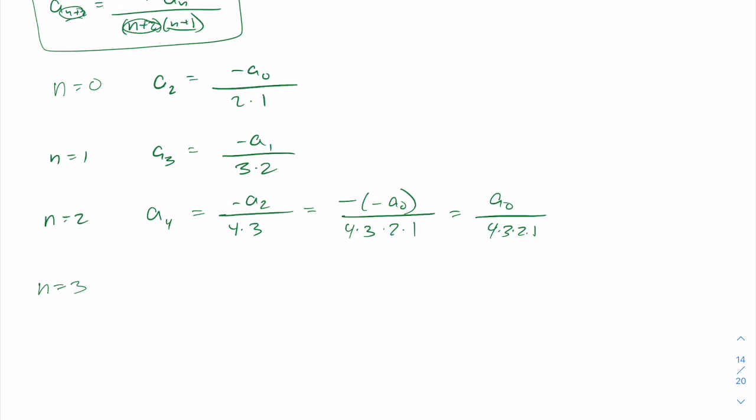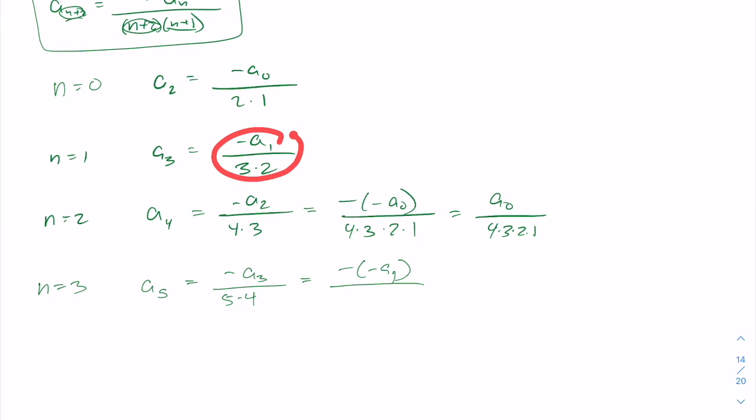For n equals 3, a sub 5 is going to be minus a3 over 5 times 4. Okay, minus a3. a3 is minus a1 over 3 times 2.